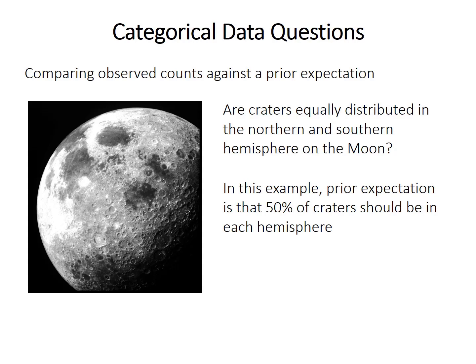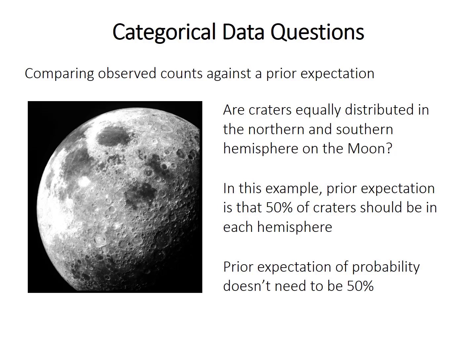Well, because both hemispheres are the same size, and therefore each makes up half the surface area of the moon, our simplest expectation might be that 50% of the craters should be in each hemisphere. You know, we could have a more sophisticated expectation, but at the simplest we can say, okay, we should have half in the northern hemisphere, half in the southern hemisphere.